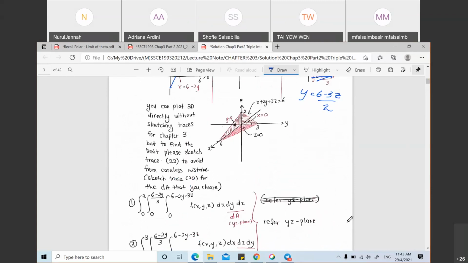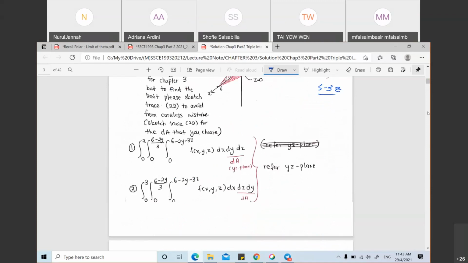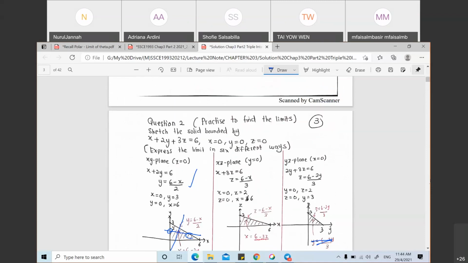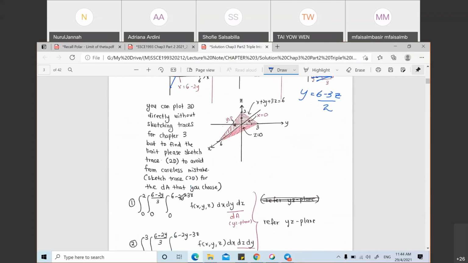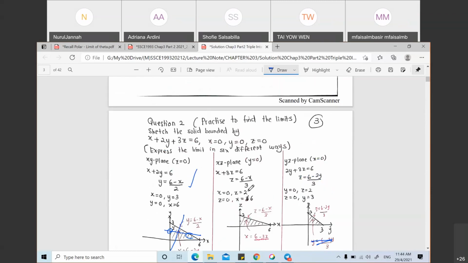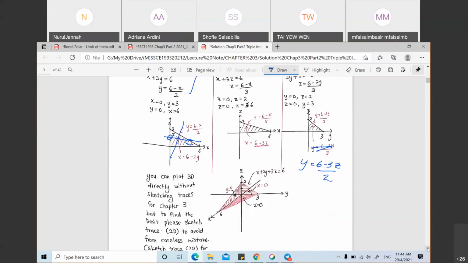Okay, we check for the YZ plane. In the YZ plane, z is the same, and let's say dy dz. Dy dz, which one? Here, okay. So dy dz, type 1, say that I cut here, which is dy dz.